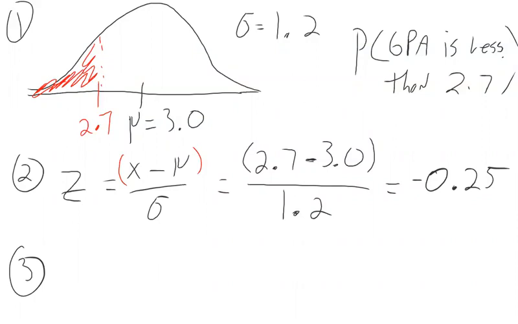We find the first two numbers, so we'll put a little dash in here. On the left column, find negative 0.2, and then go over to 0.05. If we do that correctly, we get an answer of 0.4013.